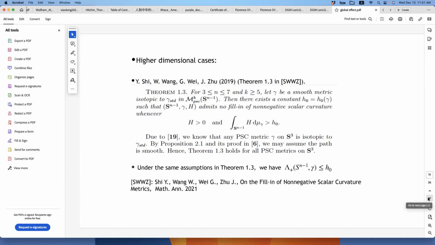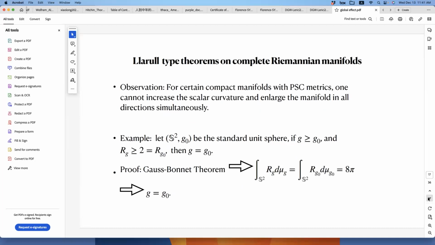Now, let's move to complete manifolds. In this part, I will talk about the Llarull type theorems. As I said before, the main observation underlying this is that you cannot increase mean curvature and enlarge the manifold in all directions simultaneously.